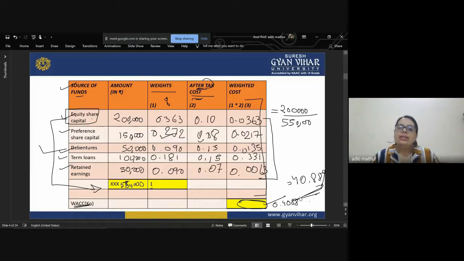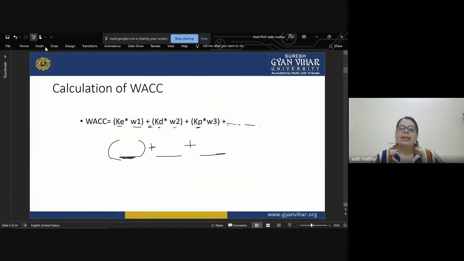And now let us look at the formula. See, the formula is also that. What you were doing, you were multiplying the individual cost of the security with its weights and adding them with the other securities' values. And this is how you were calculating WACC. Right? So now I do hope you understood what this formula is all about.